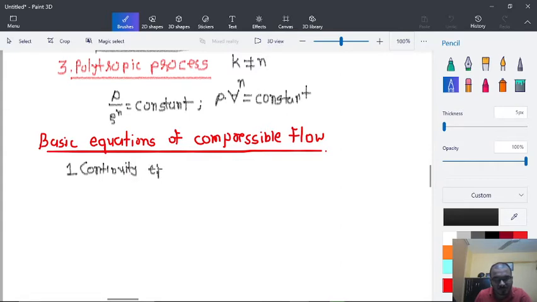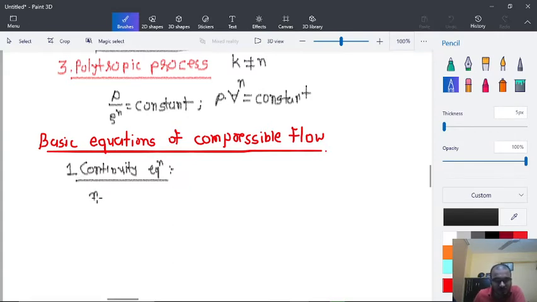So the continuity equation is nothing but the representation of the mass conservation law. That is, mass can neither be created nor be destroyed. So here we will only take the case of one-dimensional flow.